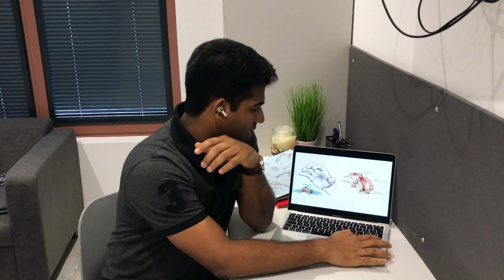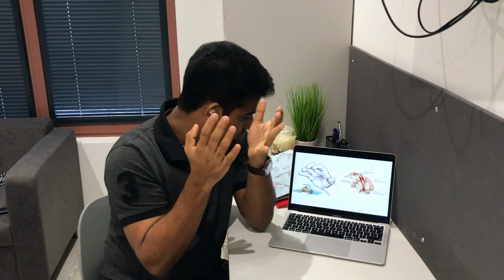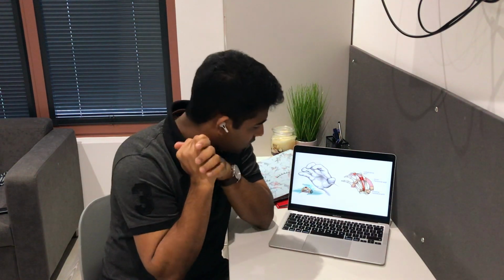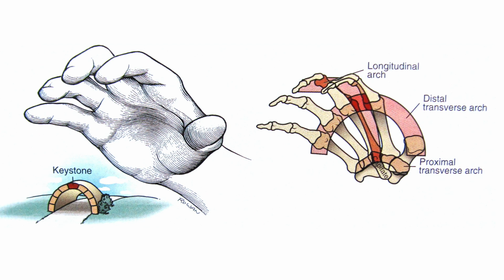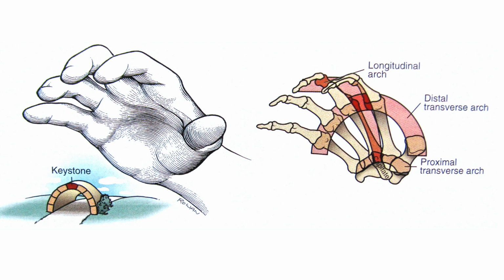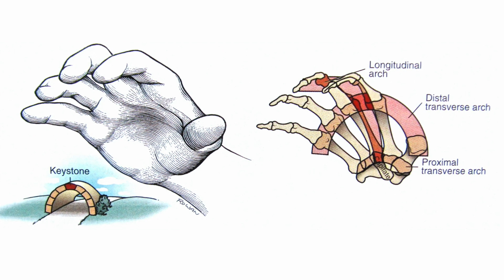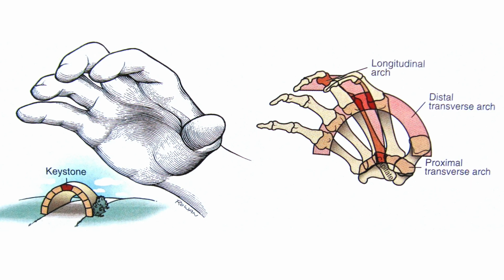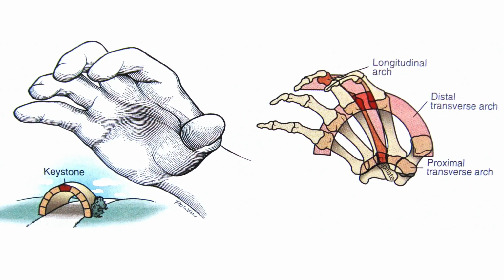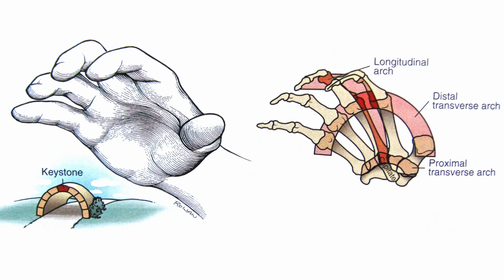Now let us move into the details of each of these palmar arches. Now just look at this diagram, I feel it's a very beautiful diagram explaining all the concepts about the palmar arches. Just looking at the diagram, you can find out all the essence of what the palmar arches are. You can see that they are symbolically represented as a cave-like, arch-like structure, which they have marked with a keystone, which we'll discuss later to help you understand the concept.